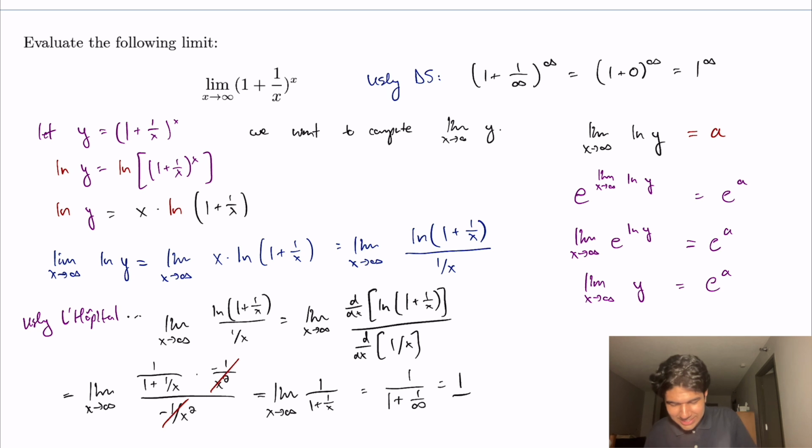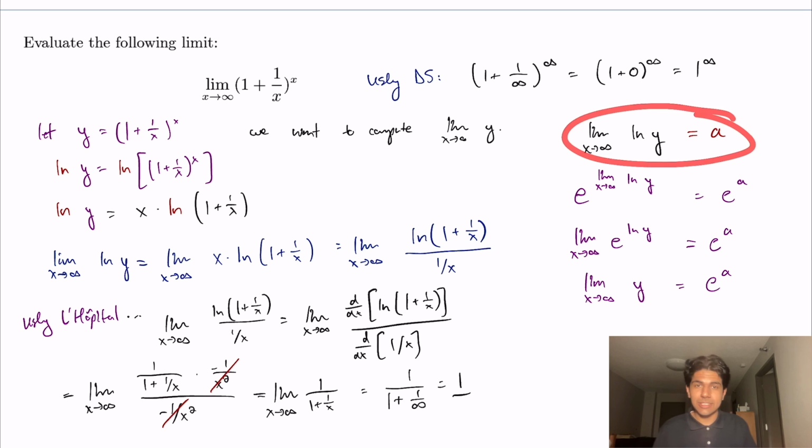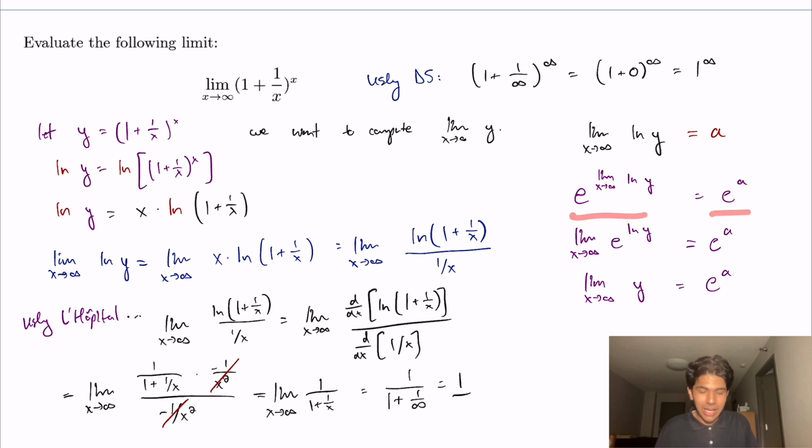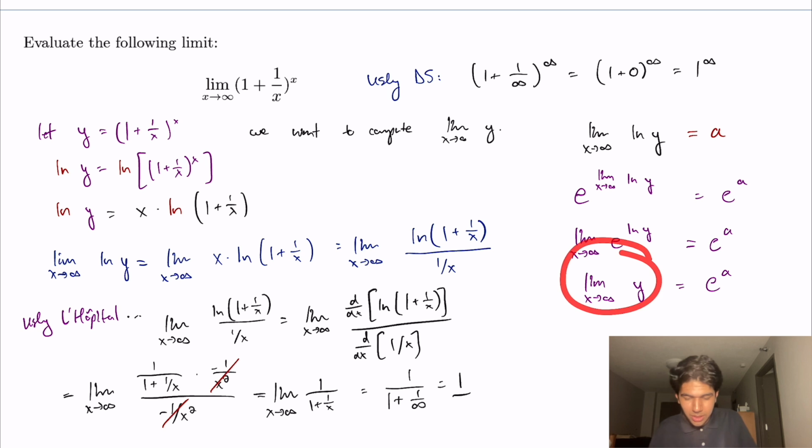So the limit as x approaches infinity of the natural log of y is equal to 1. We've done this first step up here; we calculated a equals 1. Now we'll take e to both sides, and the left-hand side becomes the limit that we were targeting, since y equals this expression, and that's equal to e to the a, where a was 1.